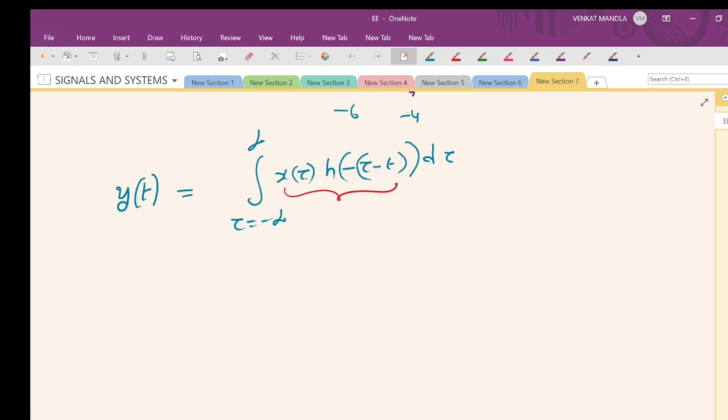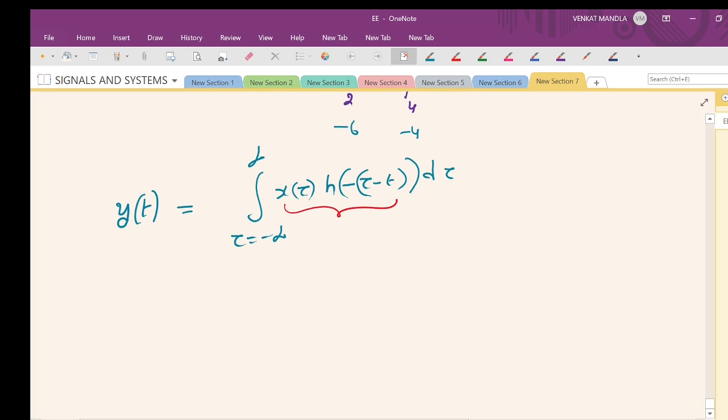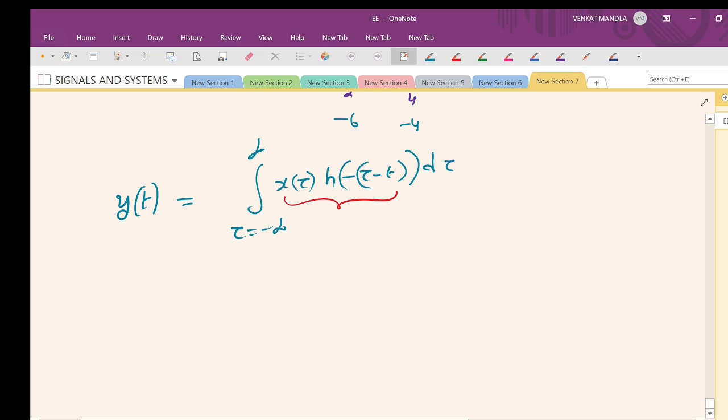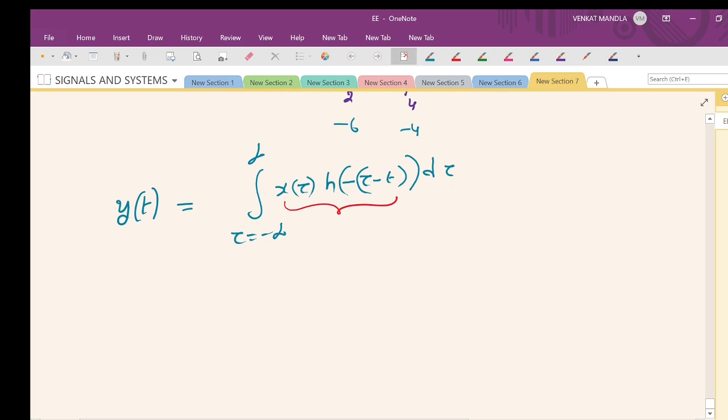Integration is nothing but area. So first we have to multiply these two signals, and then find the area. If we get 0 in the multiplication, then we will get 0 output. If we get non-zero in the multiplication, then we will get some non-zero output.